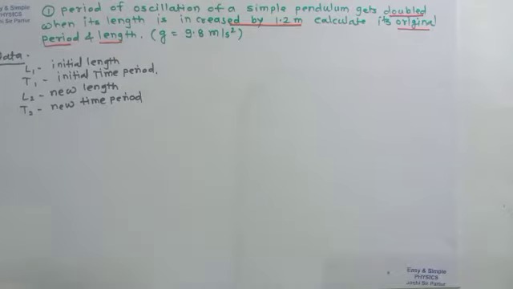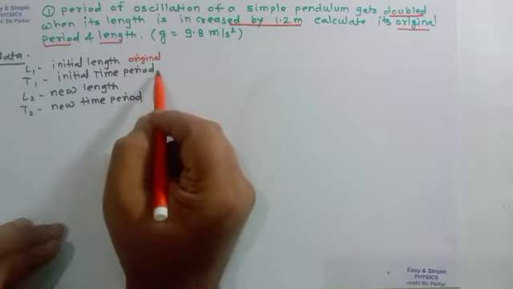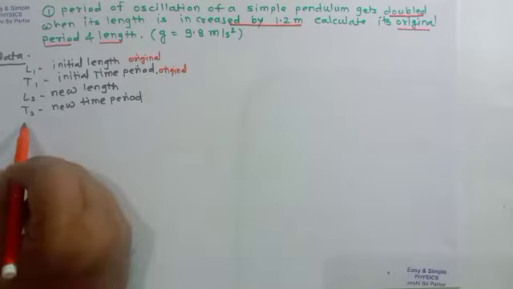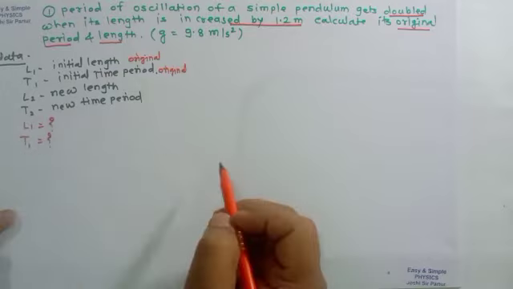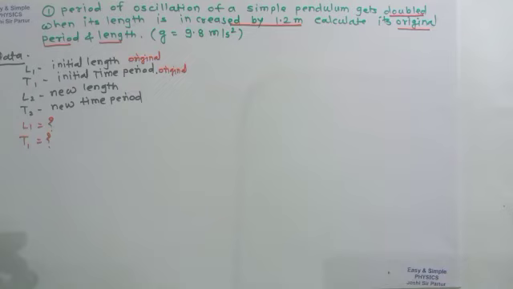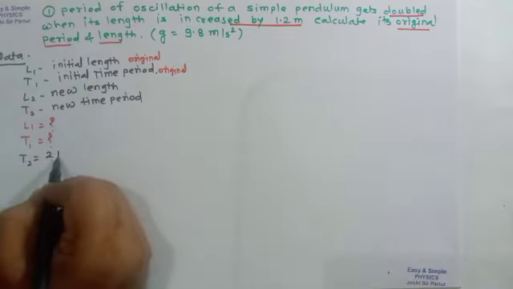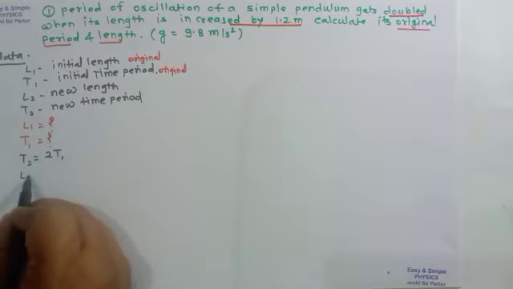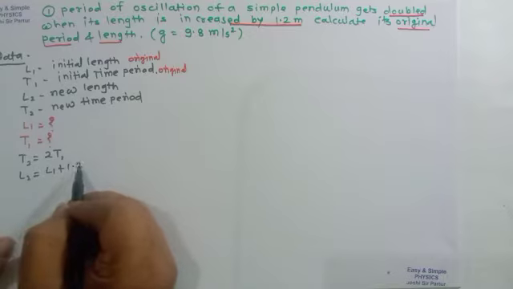Actually, the initial length is the original length and the initial time period is the original time period. We want to find L1 and T1, but given is the new time period, meaning T2 is twice the time period T1, and L2 is L1 plus 1.2 meter.